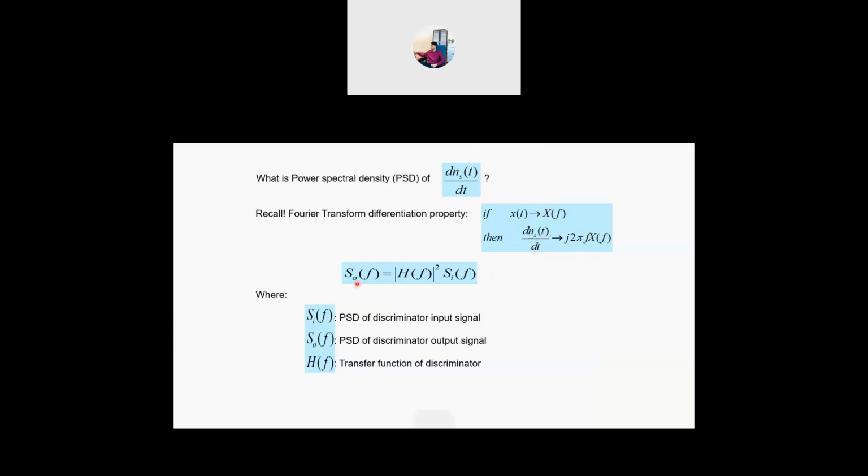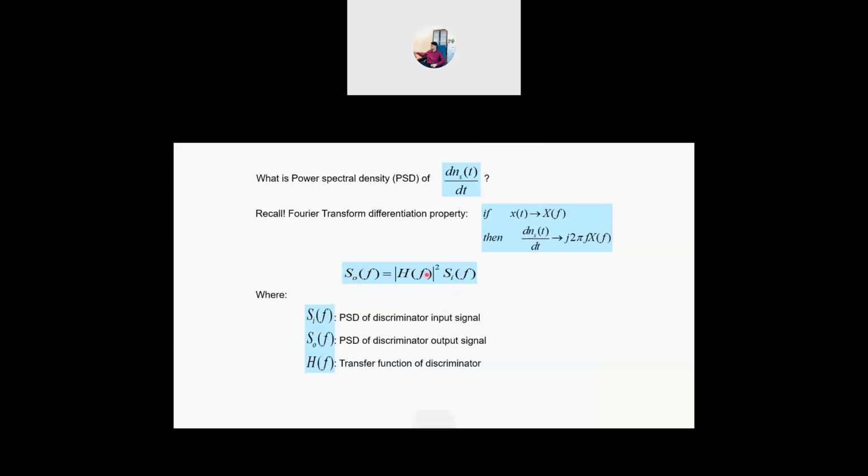So So(f) equals |H(f)| squared Si(f). Si(f) is the power spectral density of the discriminator input signal, and So(f) is the power spectral density of the discriminator output signal.